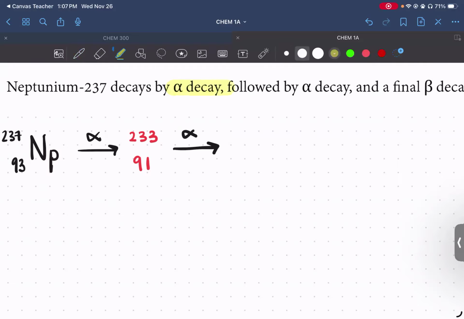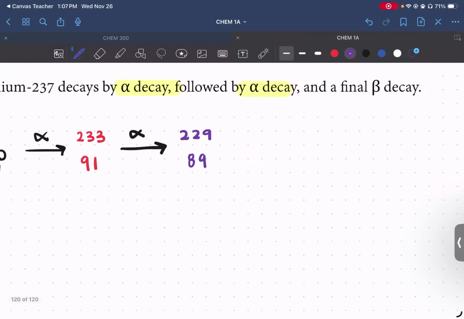So keep track. We've done one alpha so far. Now we're doing the other alpha. Mass goes down by 4. Atomic number goes down by 2. I'm not going to spend time trying to identify it because I'm still not at the end. Last up, we have our beta decay.